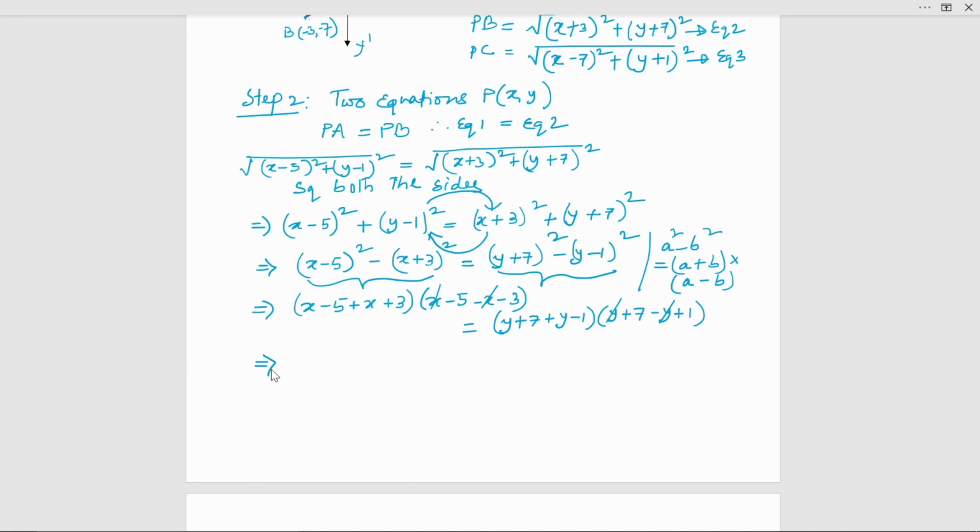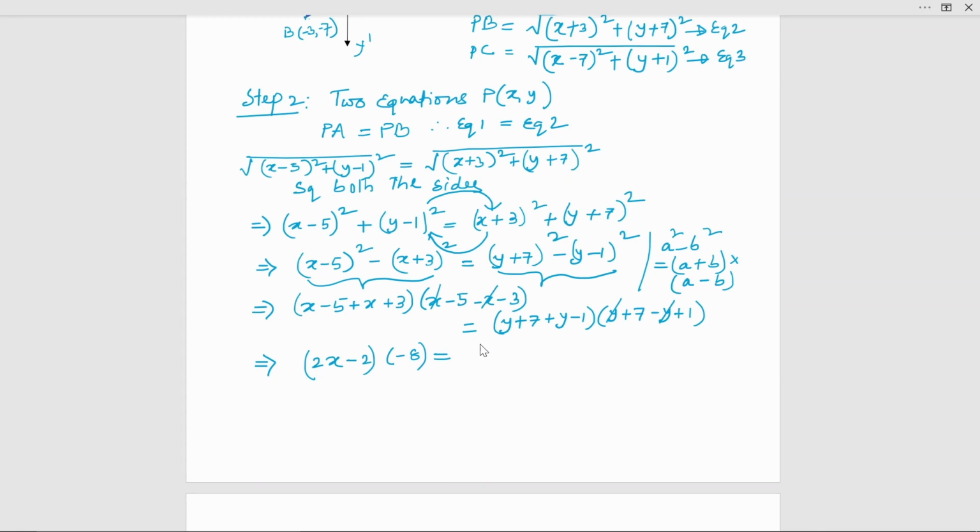So what will be my equation? x plus x is 2x, and −5 plus 3 is −2, and −5 − 3 is −8.